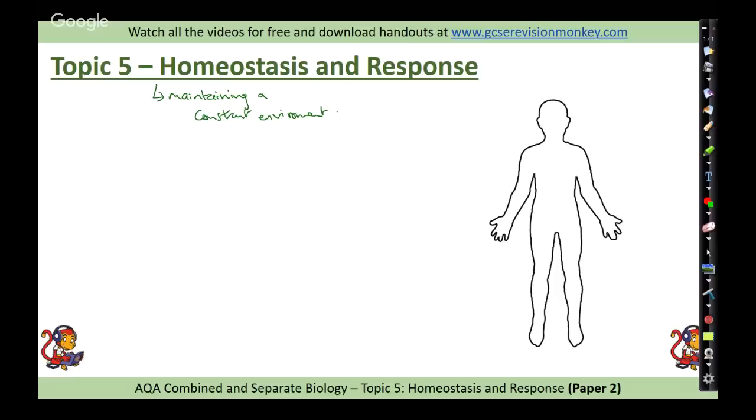We're going to talk about the nerve system in response to this. So the nervous pathway that we need to remember is some sort of receptor cell detects a stimulus, which is a change in the environment. That will send a message to a sensory neuron, and that will send a message to the central nervous system, which is comprised of your brain and your spinal cord.